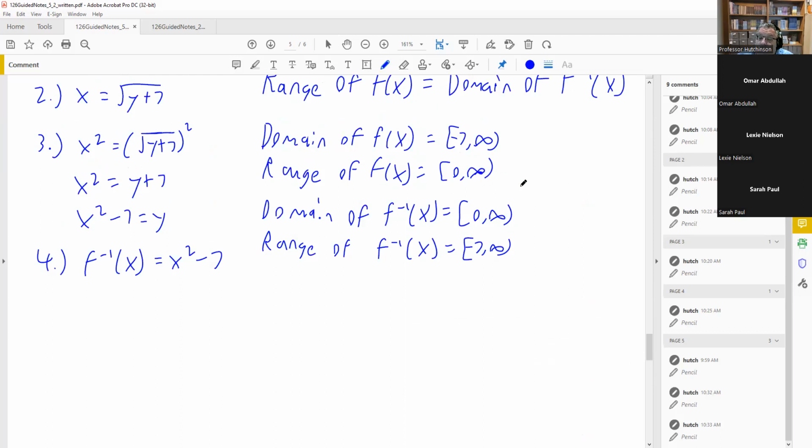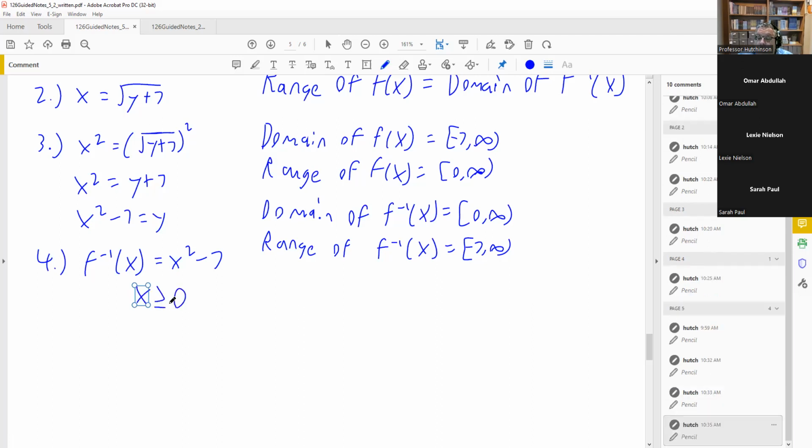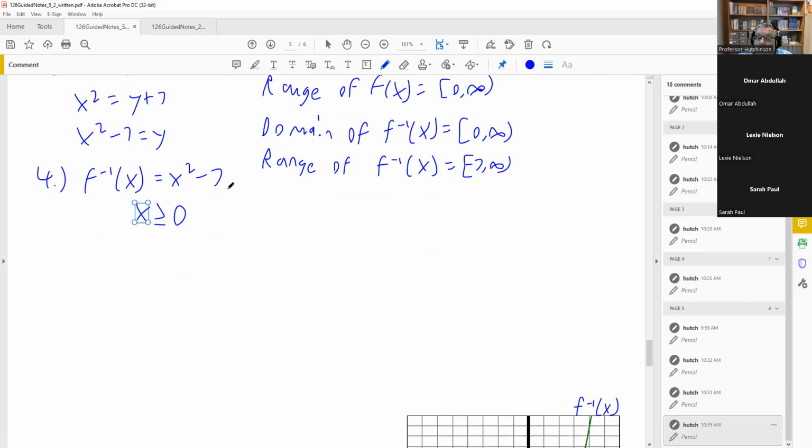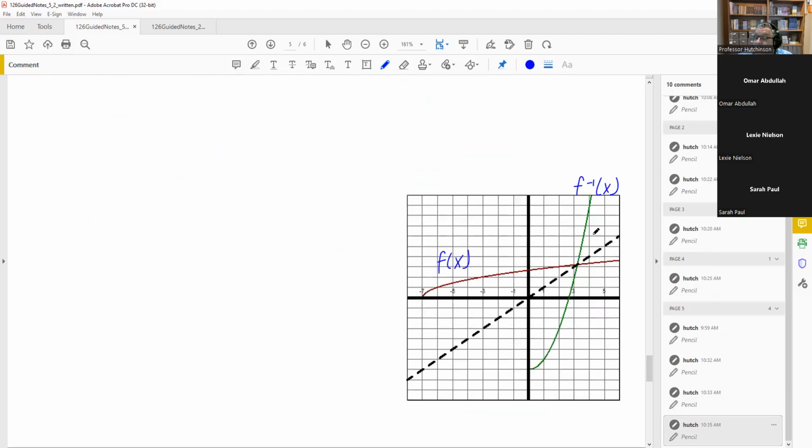So you might want to say that the inverse here is only for values that are greater than or equal to 0, because then I will actually have a one-to-one function. So putting that domain restriction on it allows this function to now be one-to-one. Otherwise, if I had the full thing all the way across, it would not be considered one-to-one.